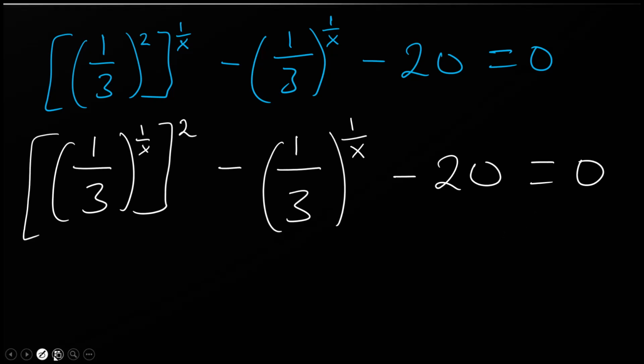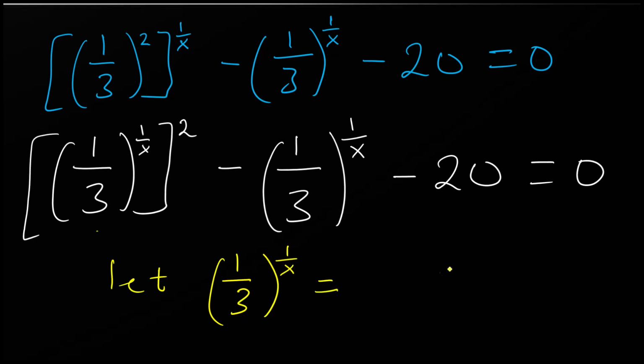Now from here we can take the common one. Okay, we have this and that common, so let 1 on 3 raised to 1 on x be, let's say, y.